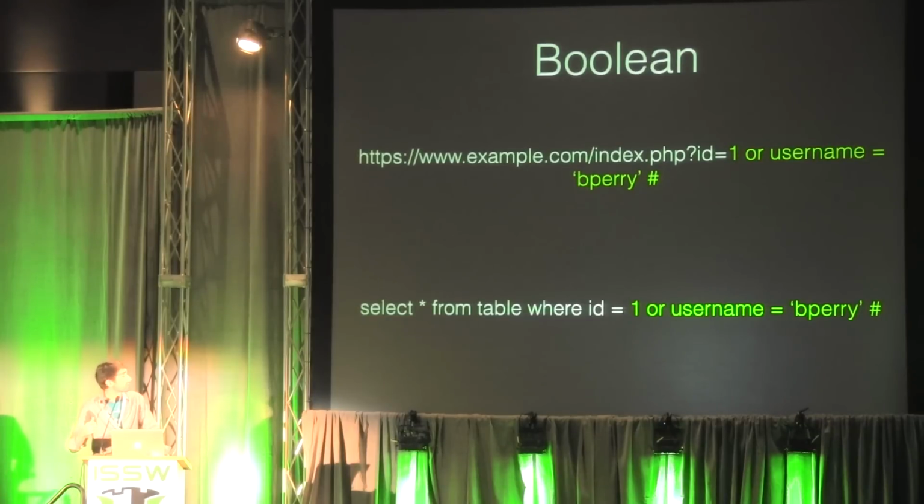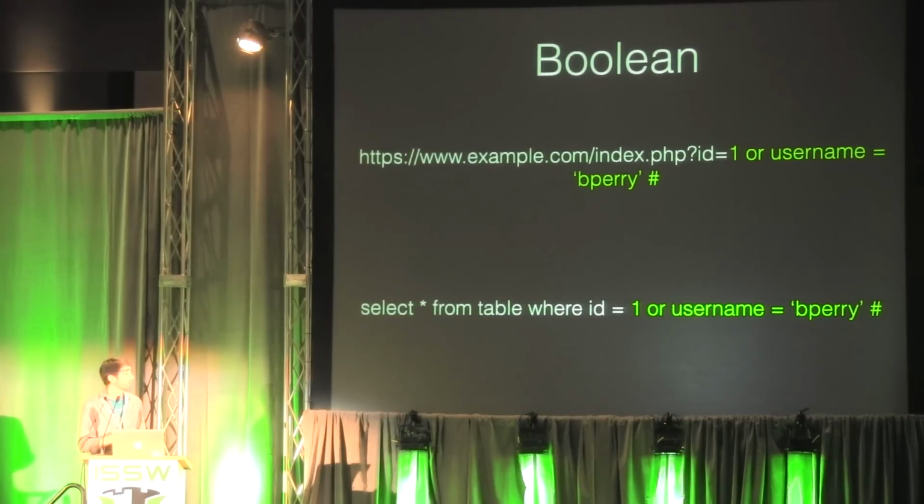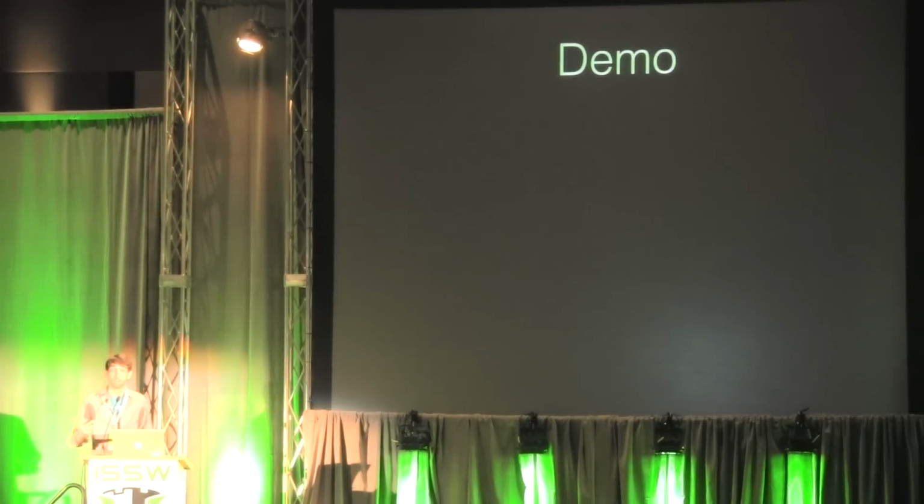Then that turns into, on the back end, select all from table where ID equals 1 or username equals bperry. Boolean attacks allow you to modify the behavior of the SQL query using true or false statements, and that can allow you to glean information out of the database, generally a byte at a time. But you don't always have to glean information out of a database using Boolean attacks.